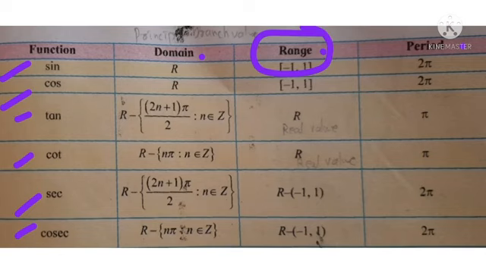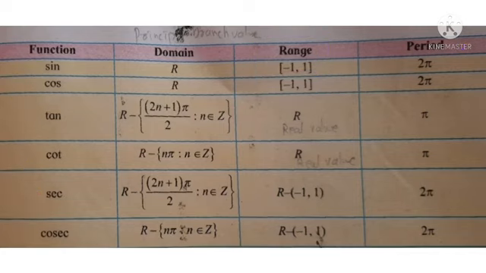What is the range of the sine function? The sine function's range is the closed interval -1 to 1. The range of the cos function is also the closed interval -1 to 1. The range of tan and cot is R, the set of real numbers.